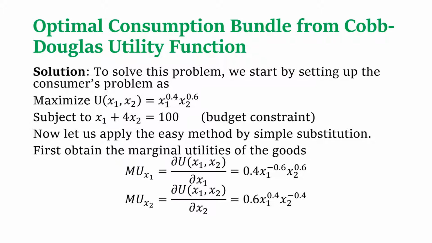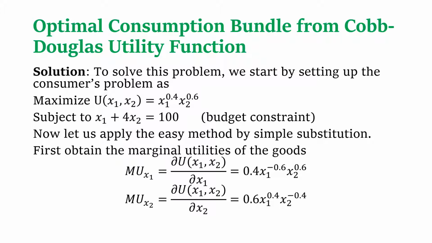Now, what is the marginal utility of good 2? This time, we are going to hold x1 constant, and then we vary what? x2, right? It is just like eating bread and butter in this case. So all we do here, we take the exponent of x2, and then we multiply by the whole of this one, x1 to the 0.4, and then x2 to the 0.6.